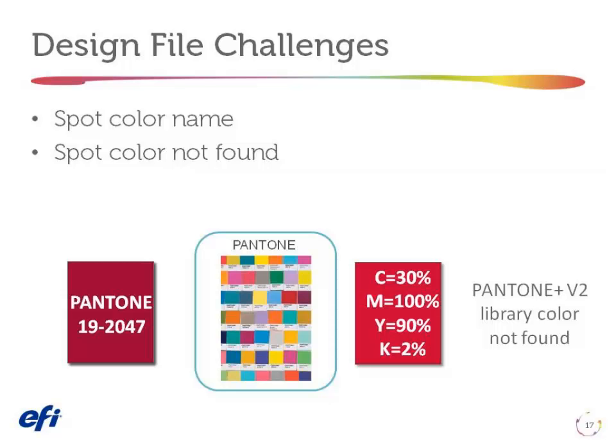So in this case, Pantone 19-2047, this plum color, went into the design file properly, into the DFE properly. But when the DFE went and looked for it in the spot color library, if we didn't have the new Pantone Plus V2 library loaded, it's not found. And that means, again, we're going to get the alternate definition from Illustrator, which, as you can see here, might give us an approximation, but it's not going to give us the level of precision that a brand owner will demand.